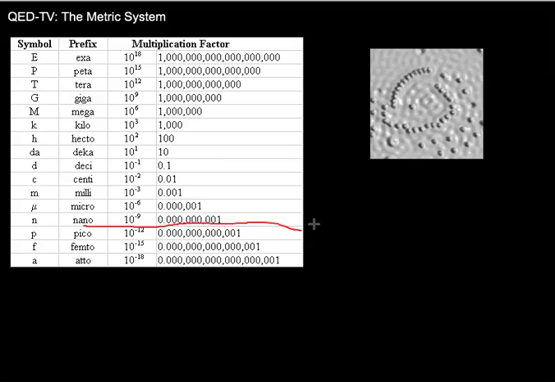And this would be 10 to the minus 10, or 0.1, 2, 3, 4, 5, 6, 7, 8, 9, 10. Okay? And this is called an angstrom. 1 angstrom. And the symbol for that is like an A with a little dot over the top of it.